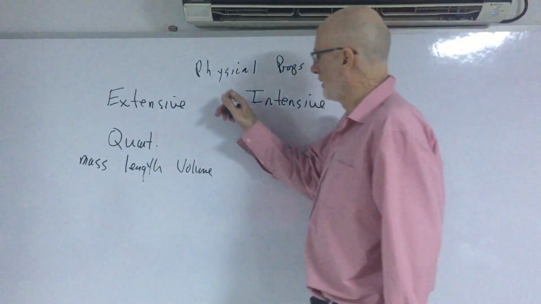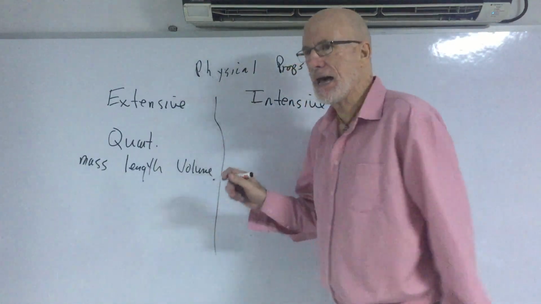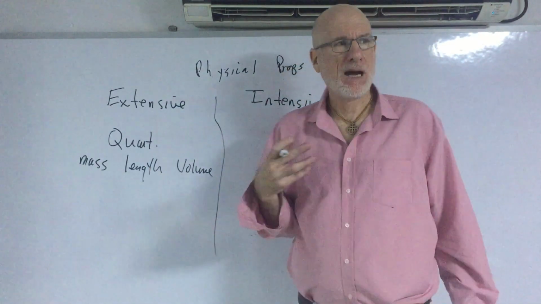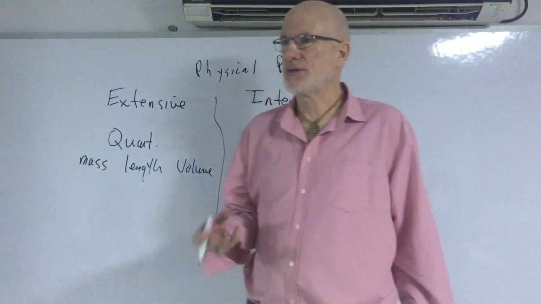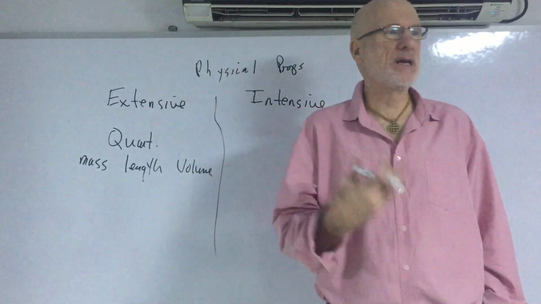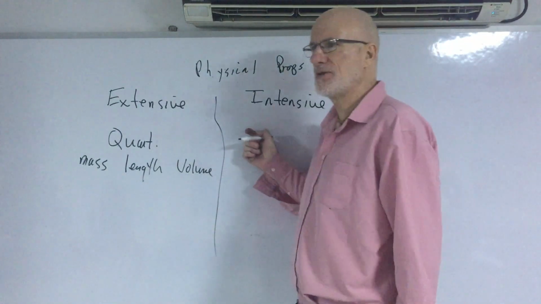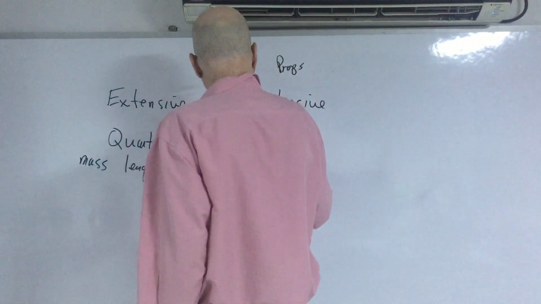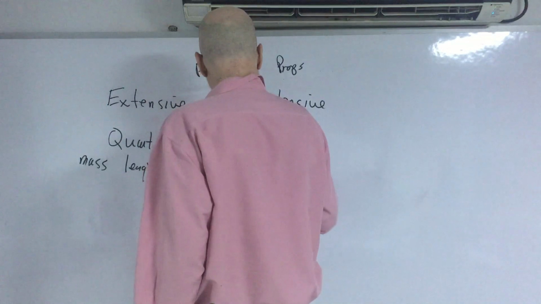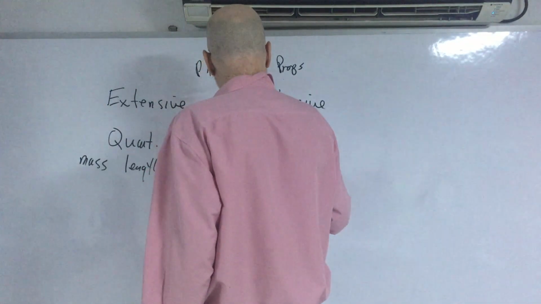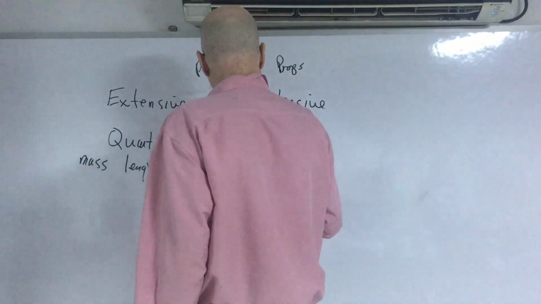Okay, so now, let's talk about this. I have an unknown substance I left at home. I'm going to give you some data, and you're going to tell me what it is, okay? I'm going to give you intensive physical properties. It's clear, colorless, odorless.